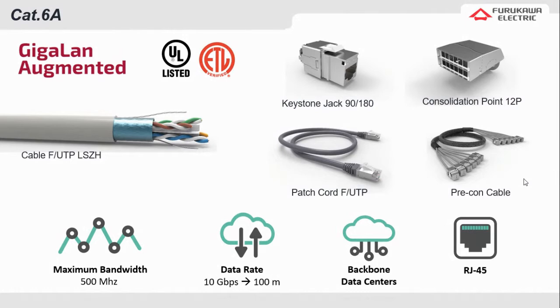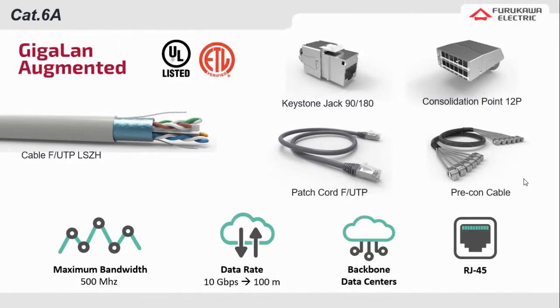You will notice that unlike CAT.6, which was a UTP cable, the one on the screen right now is an F/UTP cable. You might be wondering why. What's the difference between them? You know that TP stands for twisted pair, and then we have the first letter, which indicates the type of overall shield, while the second one indicates the type of shielding on each pair.